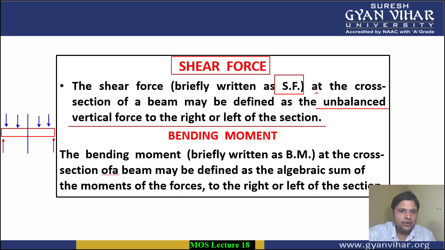So the unbalanced force on either one side, right or left, the summation of the unbalanced force to the right or left of the section is known as shear force, acting at the cross section of the beam. And it is denoted in short by SF.